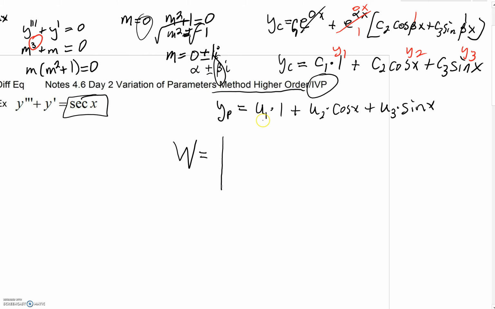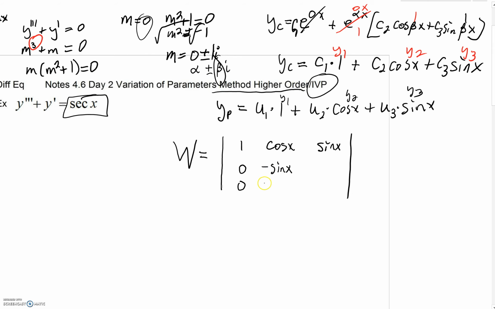For our Wronskian, what you're going to do is always take your y1, y2, y3. So we'll have a 1, cosine of x, and then we've got sine of x. This is a 3x3 determinant. We're going to take derivatives. Derivative of 1 is 0. Derivative of 0 is 0. Derivative of cosine is negative sine of x.